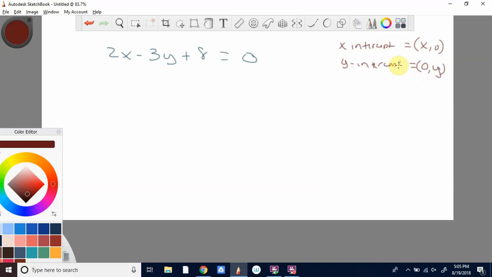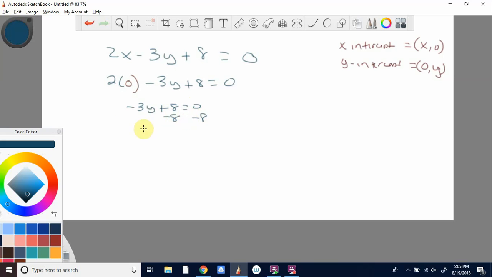Okay, so what does that mean? That means for the y-intercept, I'm going to replace x with 0. So I'm going to do 2 times 0 minus 3y plus 8 equals 0. So 2 times 0 is 0, so I'm left with negative 3y plus 8 equals 0.